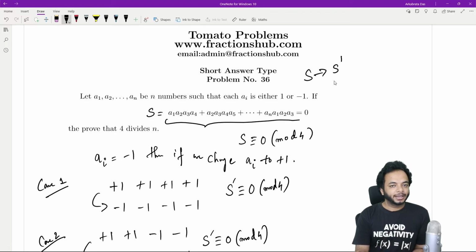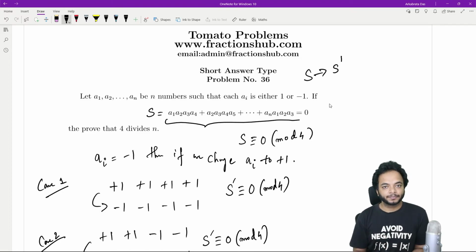Now our new sum is s dash, and I can keep on doing this. Whatever other negative sign there is in s dash, I'll pick it up and make it +1. In a similar fashion, I will be able to show that s double dash is congruent to 0 modulo 4 again, because that's the invariant, which is not changing.